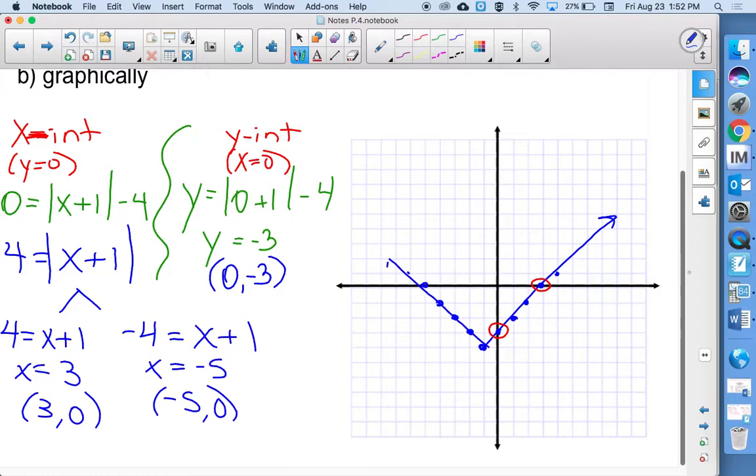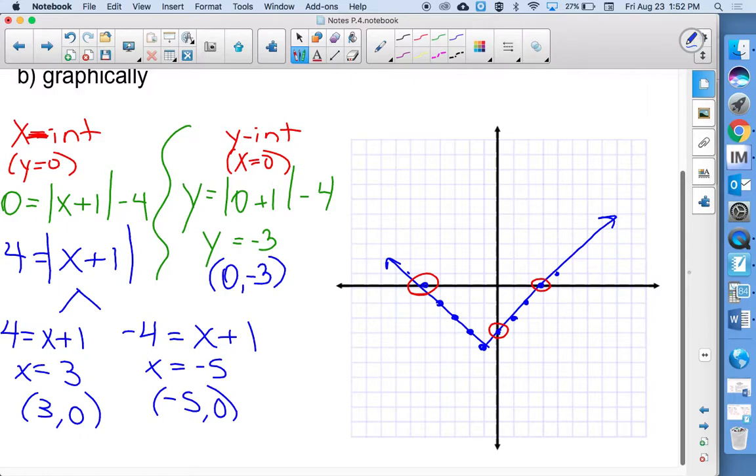I then can pick up that other intercept. So if we graph first, algebraically we can verify that the graph is correct. Questions?